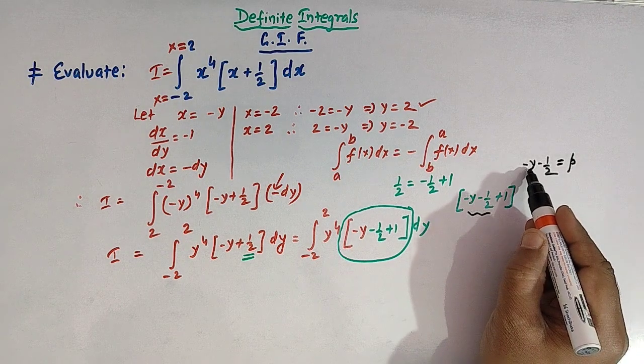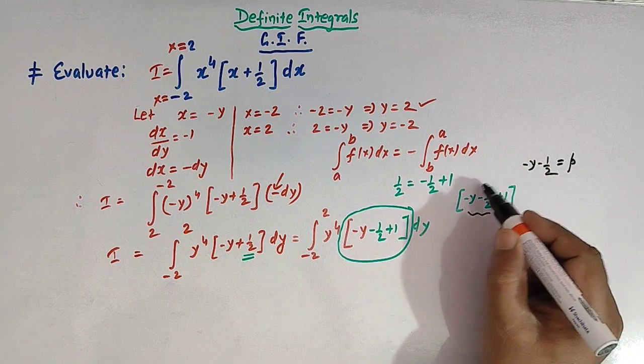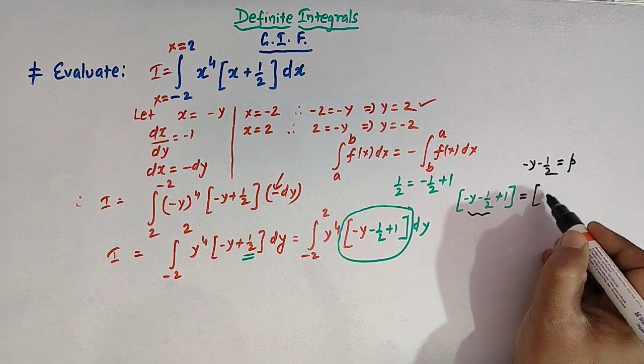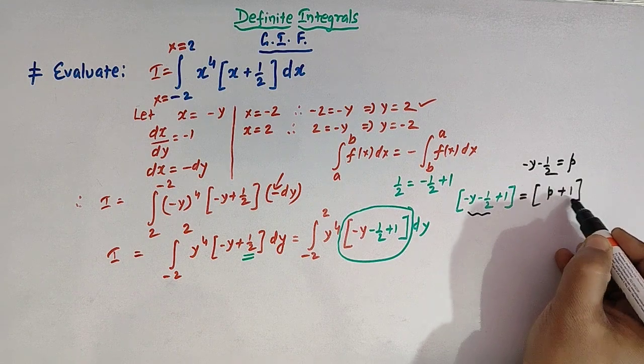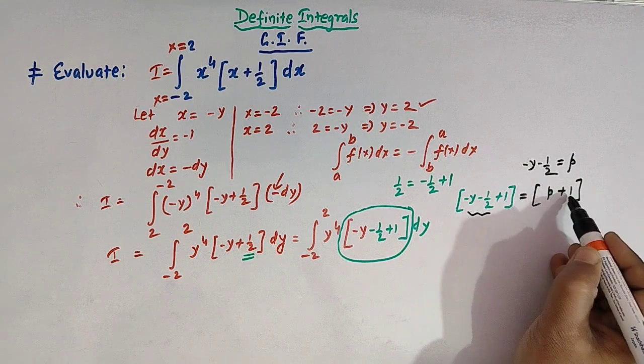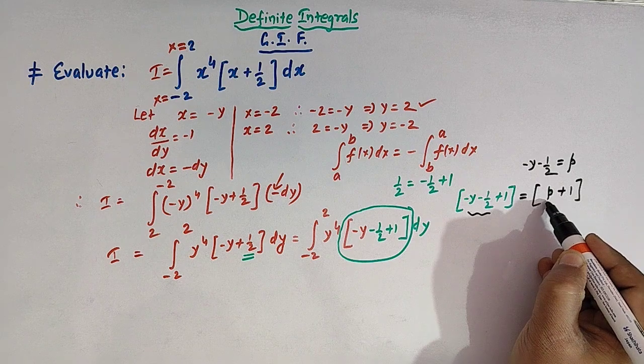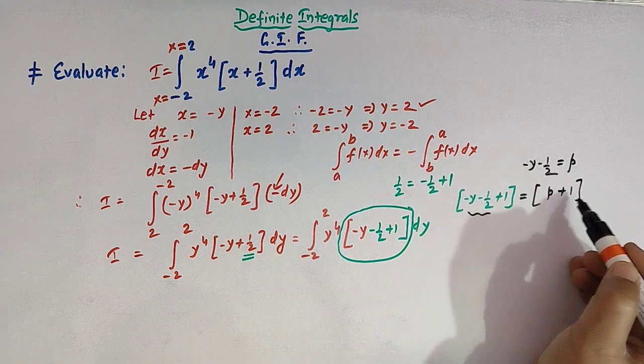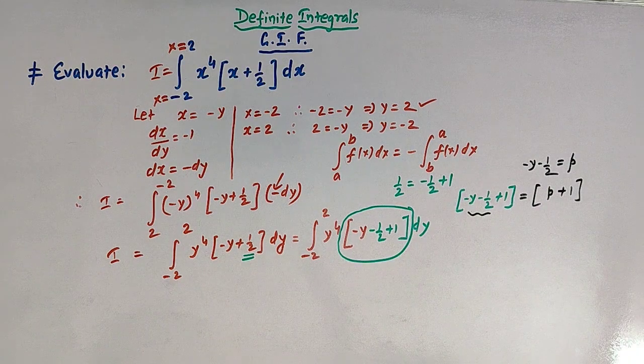So this term becomes p plus 1, where p is this number and 1 is the integer.